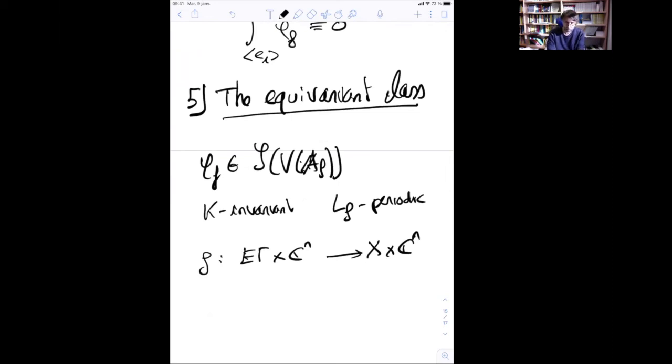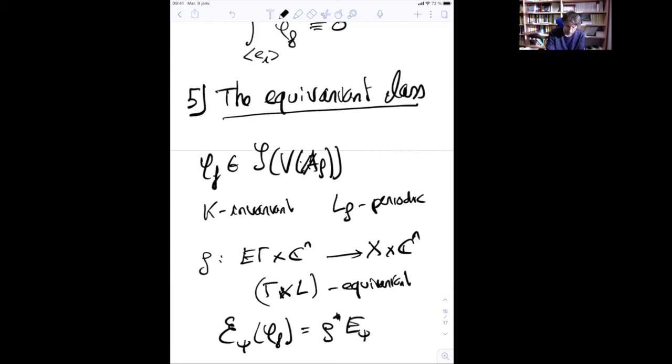But this gives a perfectly well-defined map that is gamma wedge L equivariant, and so you can now pull back the Eisenstein form.